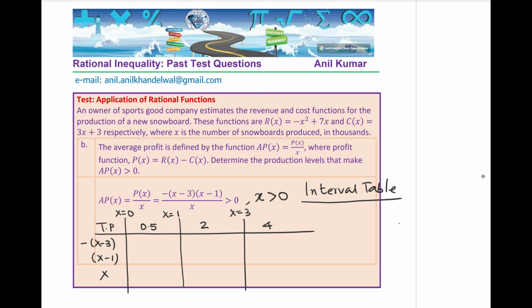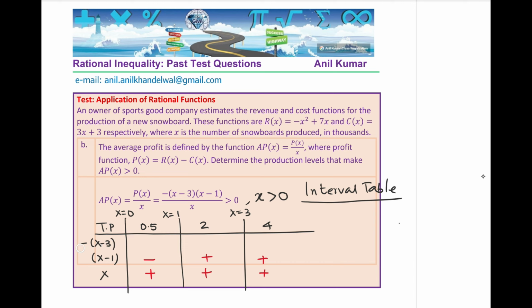As you can clearly see, all the three values are positive for x, so we are going to get positive values. Now for x minus 1, if I put 0.5, I get minus 0.5. We are only interested in checking the sign, so we'll get negative here, and when we substitute 2 and 4, we get positive values.